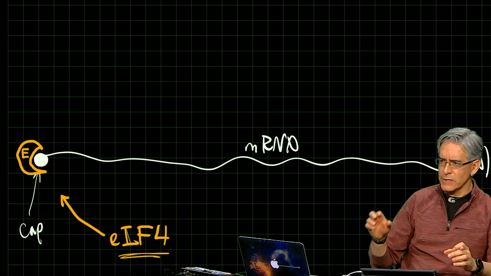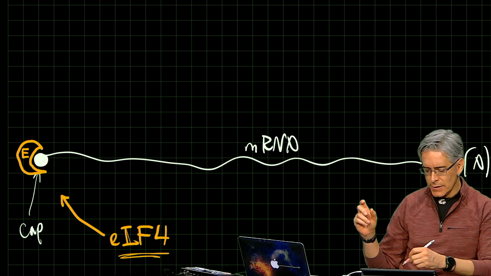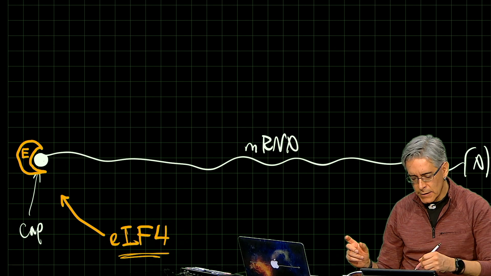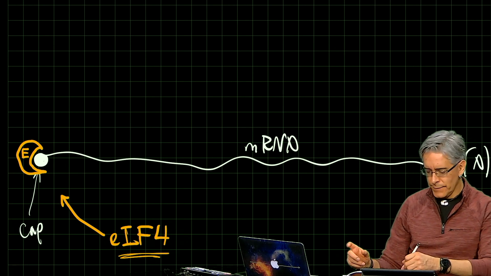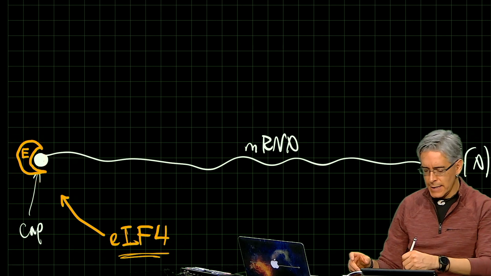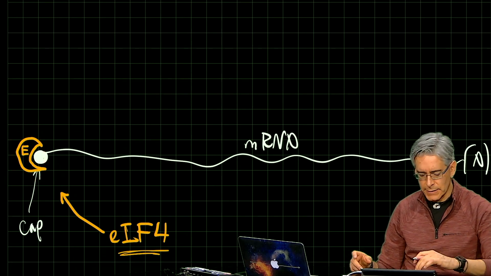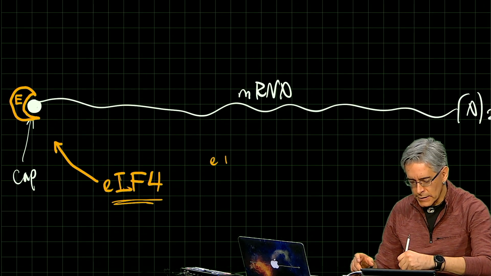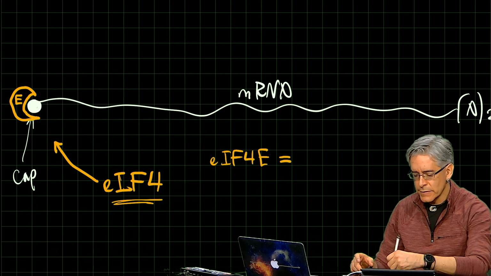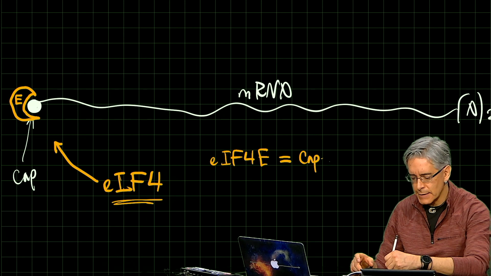So I'm going to be using only the letter initials to indicate the identity of the factors that are being recruited. So the first one is factor 4E, which is also known as the cap binding protein. So eukaryotic initiation factor 4E is also our cap binding protein.